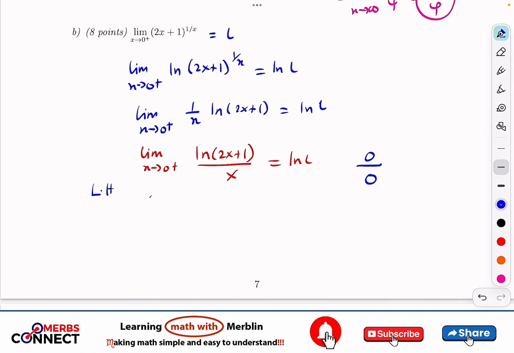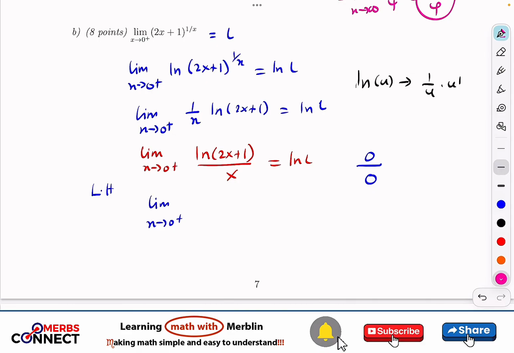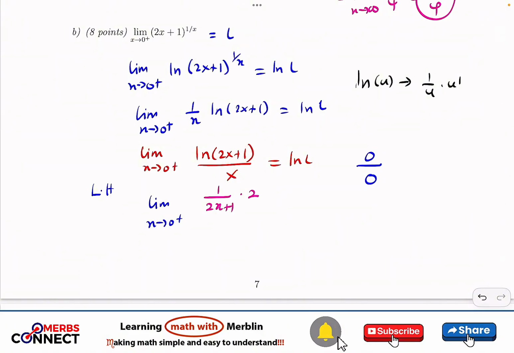Now, when I differentiate this, remember, when I differentiate ln of u, I have 1 over u times u prime. So here is going to give us 1 over (2x plus 1) times 2, because u prime will be just 2, because when I differentiate this, I get 2.